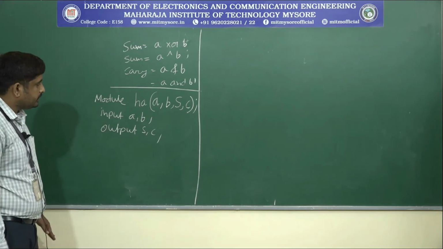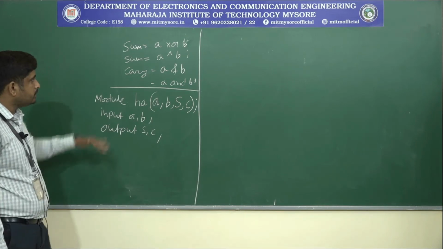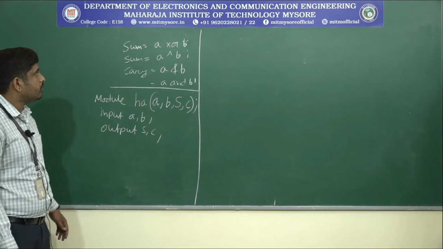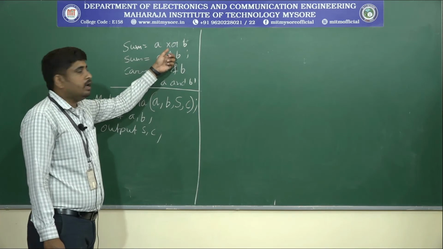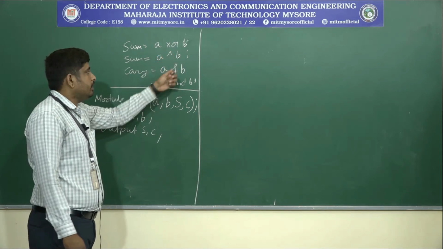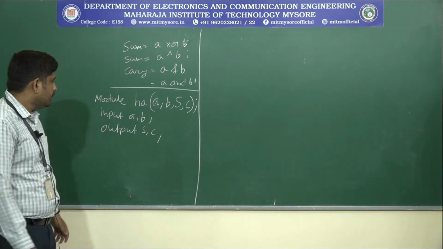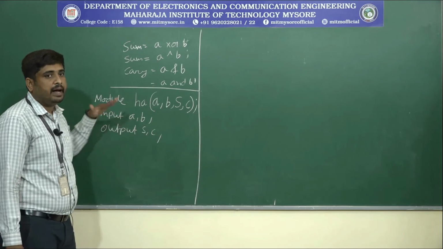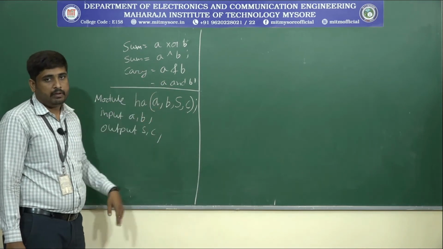After this, we have to use dataflow programming here. Dataflow means we have to consider these equations. First equation, sum is equal to A XOR B. Here the XOR symbol in Verilog is this one, and this is the AND symbol in Verilog HDL. Next we have to write the equations. Dataflow always starts with the assign keyword; we will discuss it again in the next classes.